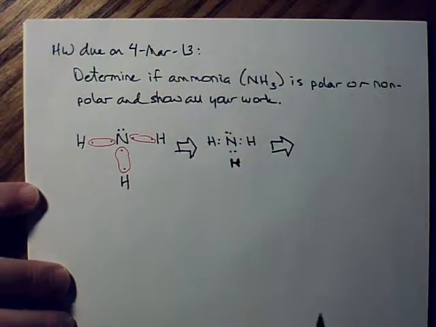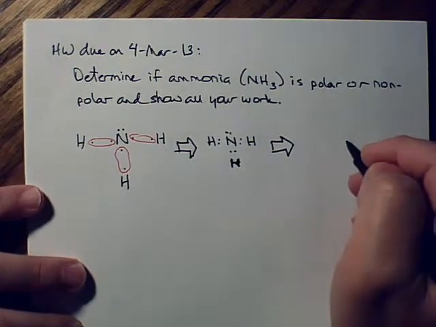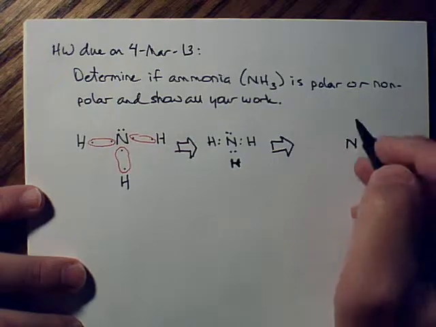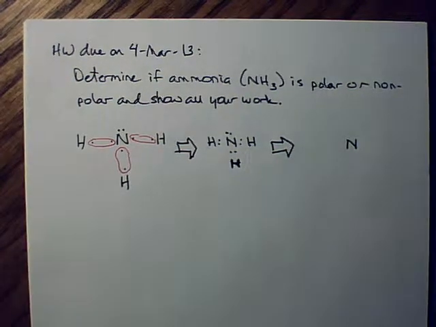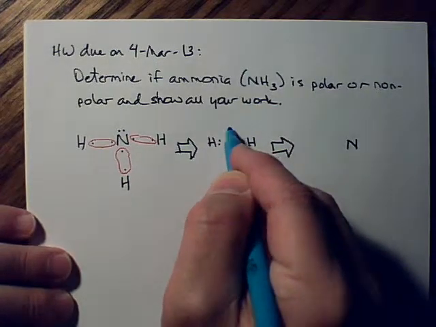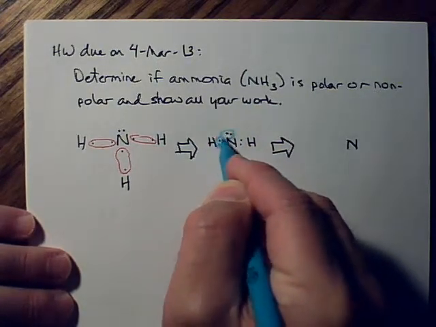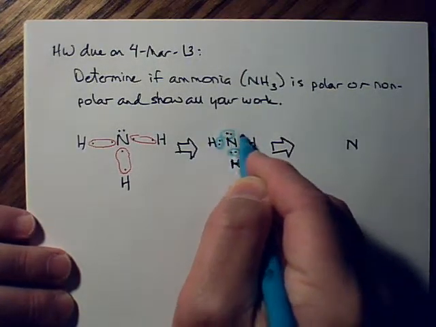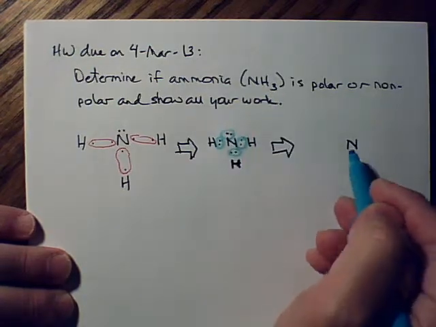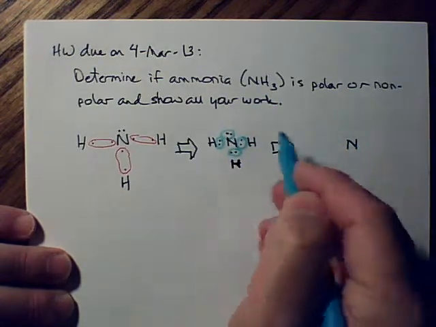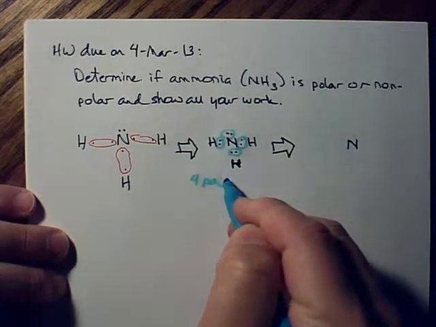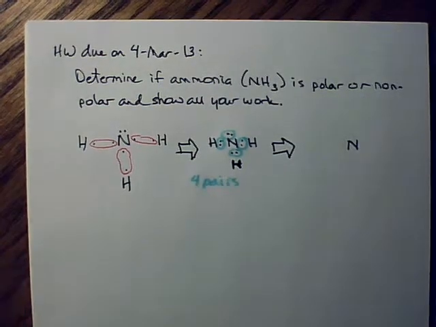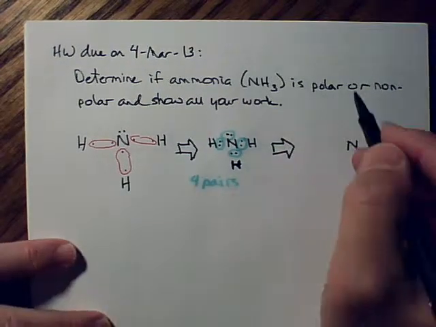We start with the electron pair shape, where nitrogen is the middle, and I have 4 sets of electrons around this central atom. And the sets of electrons around the central atom are what's going to tell you what the shape of this electron pair shape is going to be. So we have 4 pairs, and 4 pairs will give you a tetrahedral.